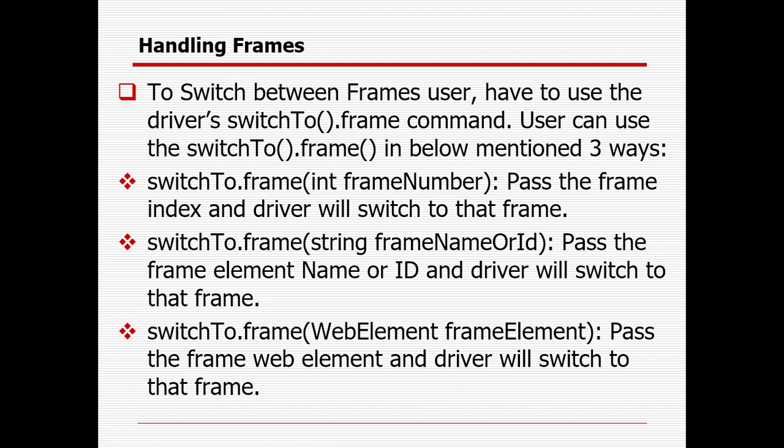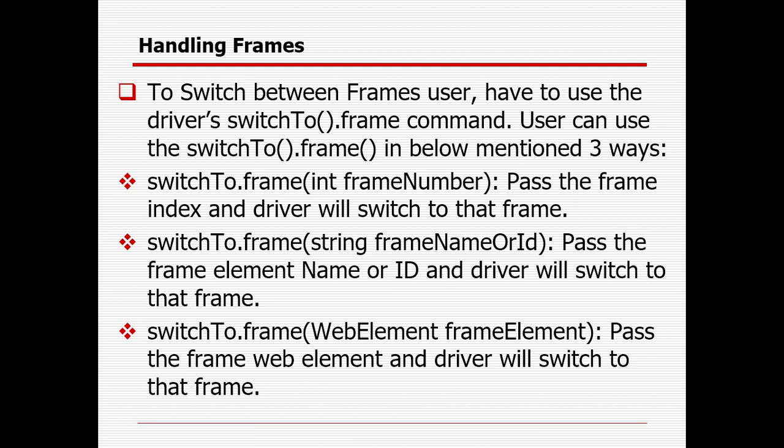In case two frames are there, one frame will be the outer frame, one will be the inner frame. So first your control needs to be diverted: driver.switchTo().frame(outer frame), right? Then you need to go again driver.switchTo().frame(inner frame). Otherwise no difference.